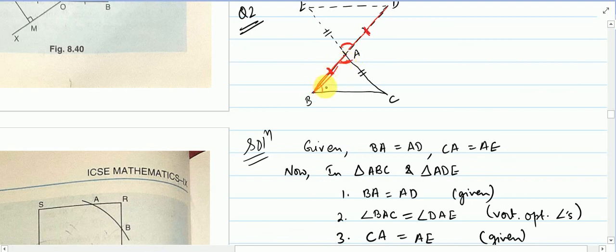So clearly this angle will be equal to this angle. Yes. So these two are corresponding angles. Here these two angles are corresponding angles. So you can see that angle ADE is equal to ABC. Clear? So once these two are equal, that means BD is transversal. Okay, hence ED will be parallel to BC.